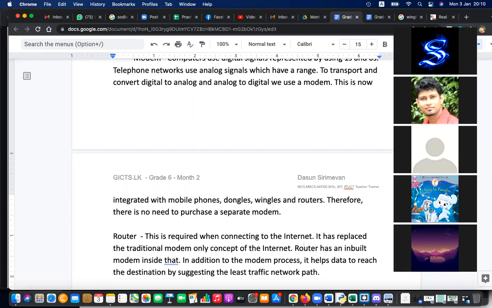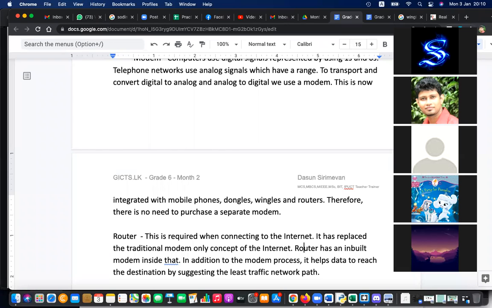Then the people who come after can find an easy way to their destination, so it will be faster. That is the role of the router. Router is suggesting us the least traffic path to reach our destination. So it's like a traffic police.